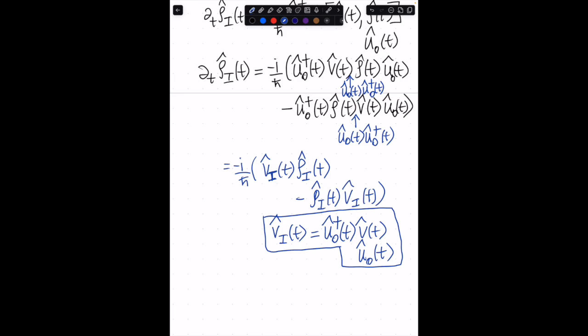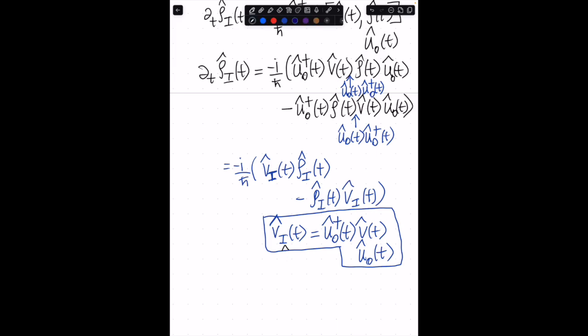And if you recall, any observable in the interaction picture is defined as such: U hat 0 dagger(t) with respect to the matter system, the observable, and U hat 0(t), again with respect to the matter system. And if the observable itself is independent of time, it simplifies things a lot because then this interaction operator just gets replaced with your Heisenberg operator, and then this is independent of time.